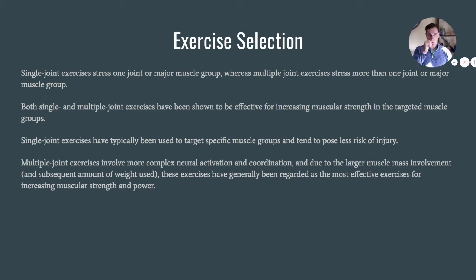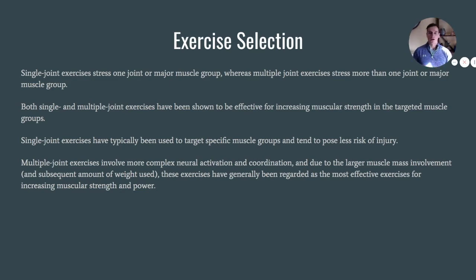But also if we're working with people who are recovering from injury, then they may have particular muscular imbalances that we can use single joint exercises to target. Or it might be that the nature of their injury means they can only do single joint exercises because they have to keep load away from a major joint.